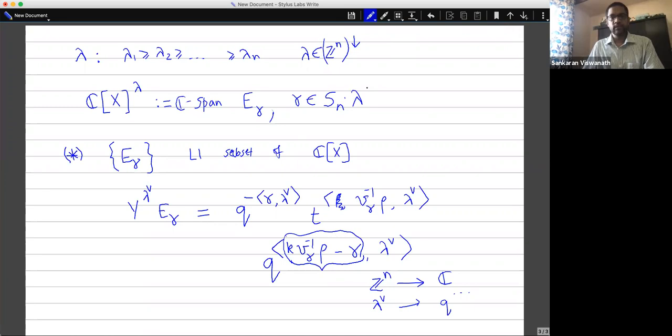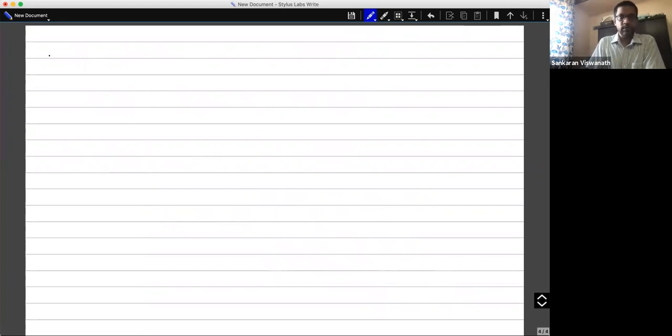So I've defined this set here, Cx lambda, and the equations that I just wrote out tell you how tau I check acts on an E gamma. So what's now the basis of Cx lambda? I can just take all the E gammas as gamma varies over the conjugates of lambda.